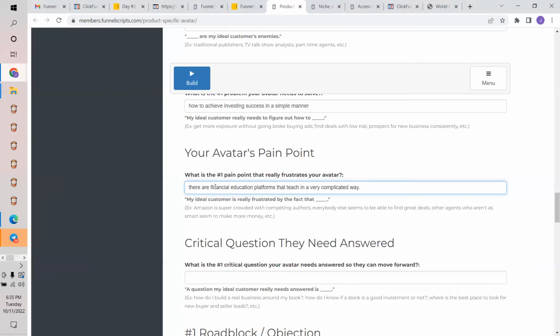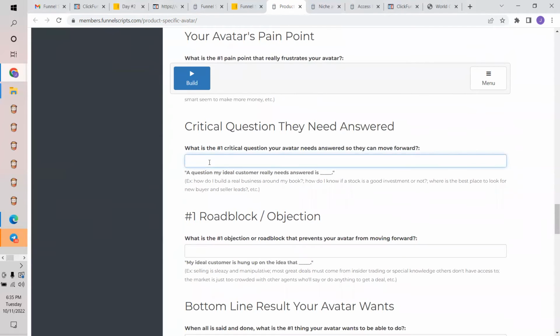And I know that they teach in a very complicated way. There's just too much complexity. People don't know what to do, and because they get so overwhelmed, they shut down. So that is the pain point. Now, the critical question they need answered is: how do I achieve financial success?